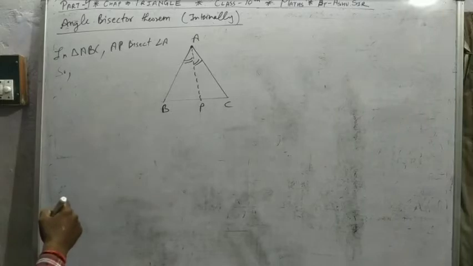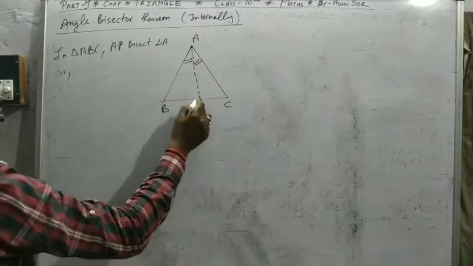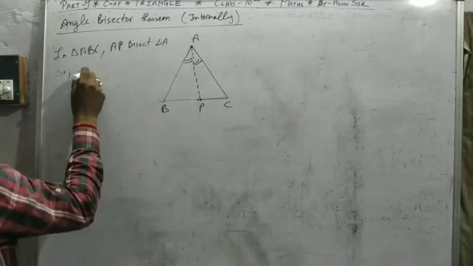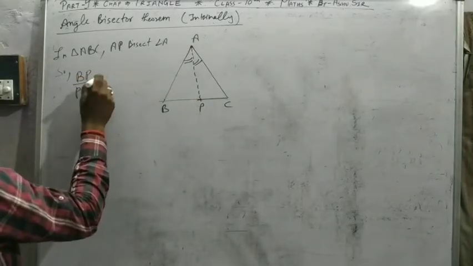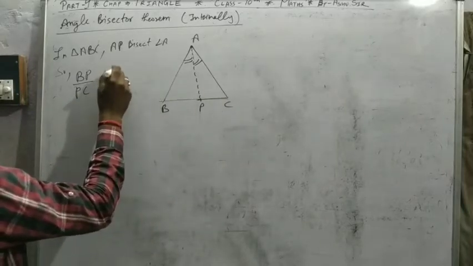So this line meets the opposite side, so it divides it into two parts. So this division ratio BP and PC is the ratio of the remaining sides.